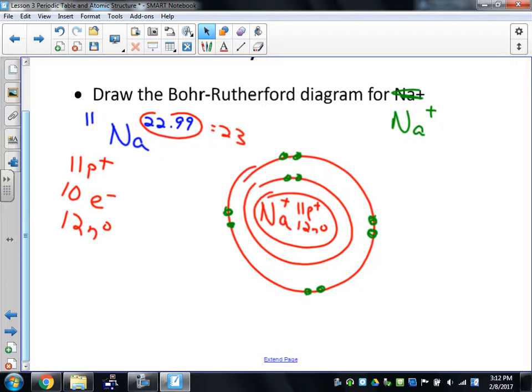Sodium only has 1 extra electron to get rid of, so it's pretty easy for it to lose it. So sodium tries to lose an electron, and it tries to become more like neon. And that's how it becomes more stable. Good? Yes?